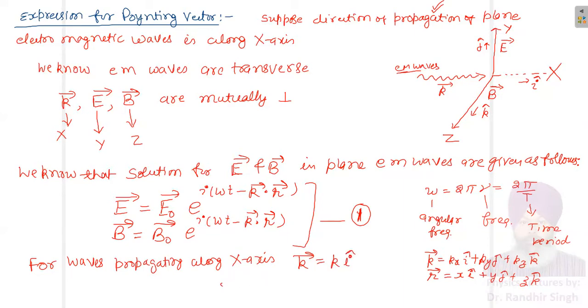So therefore k vector dot r vector will be equal to k i cap dot (x i cap plus y j cap plus z k cap). You know that i dot i is 1 and the rest of the dot products are 0. Therefore we can write that k dot r will be equal to kx. This is equation number 2.